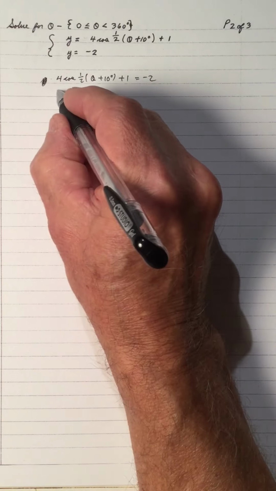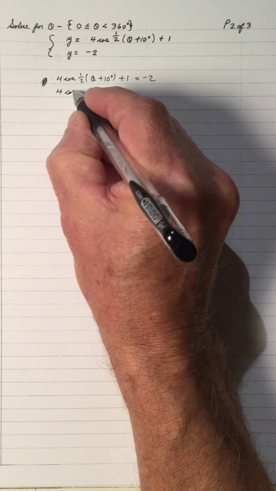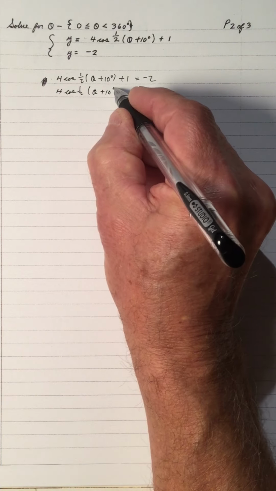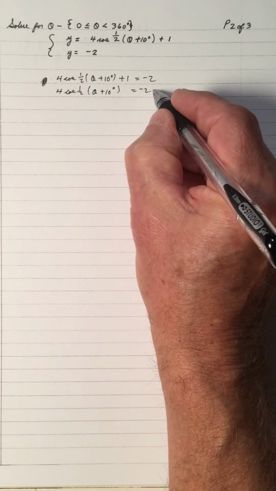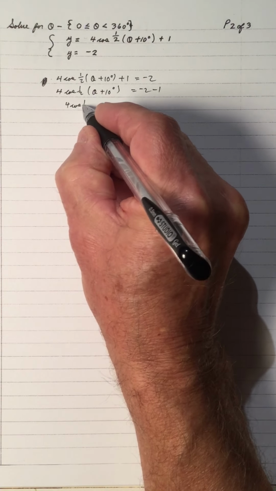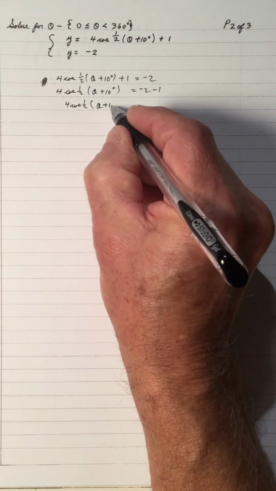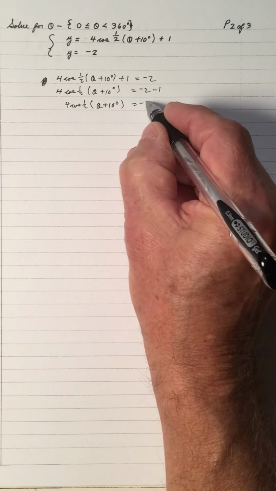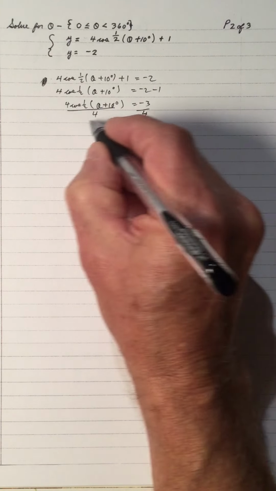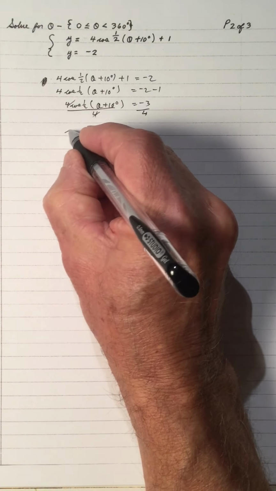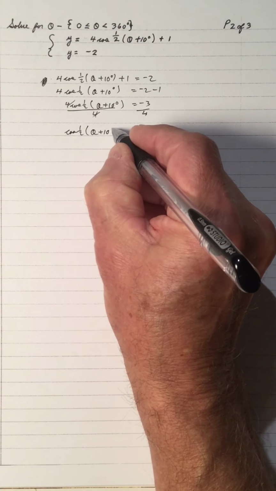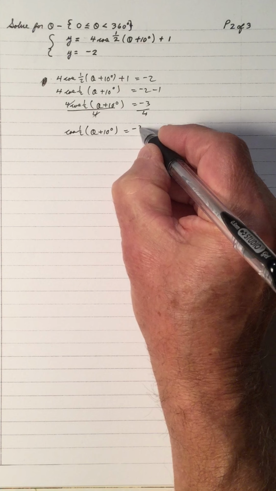So let's solve this for cos. 4 cos of (a half theta plus 10 degrees) equals -2 minus 1, which is -3. And we divide by 4, the 4's cancel, so cos of (a half theta plus 10 degrees) is -3/4.